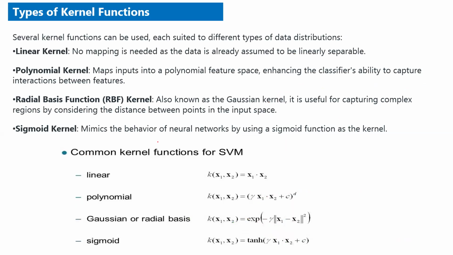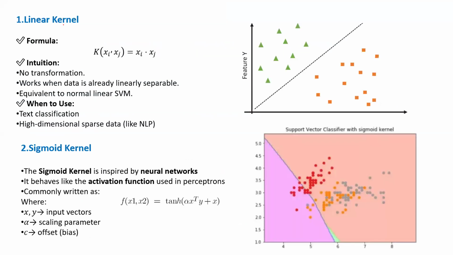Okay. Let's look at the linear, polynomial, radial basis function and sigmoid kernels. They follow these equations. Let's see each clearly. The linear kernel looks like the linear support vector machine. This is a simple dot operation between two data points.